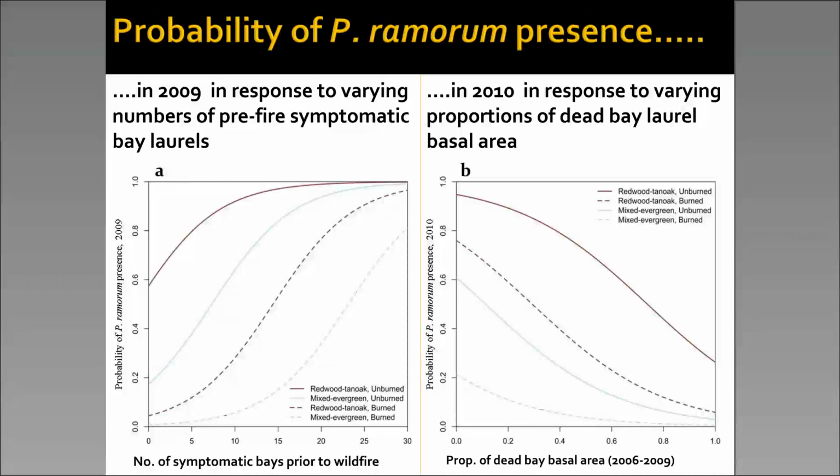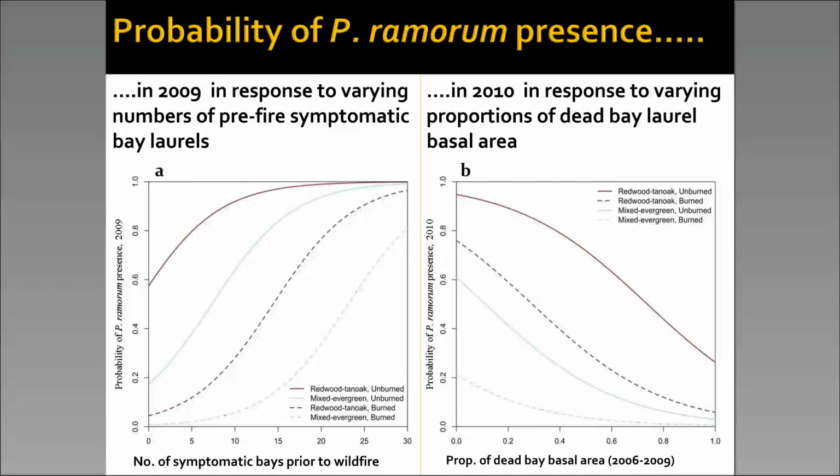And that furthermore, the solid red and the solid blue line, which have the highest levels of probability at any point, those are in unburned plots. So it's showing that the probability of pathogen recovery in unburned plots is always higher than those in the burned plots.